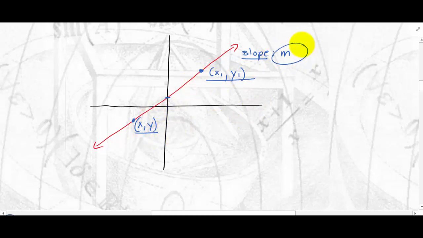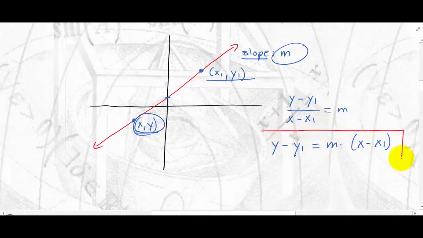Okay, so let's assume that the point x, y is somewhere on the line, anywhere on the line, right? A point x, y is on the line. What do we have? The slope between x1, y1 and x, y has to be equal to m. Let's just express that. So the slope between x, y and x1, y1 is y minus y1 over x minus x1, and this slope has to be equal to m if this point is to be on the line.